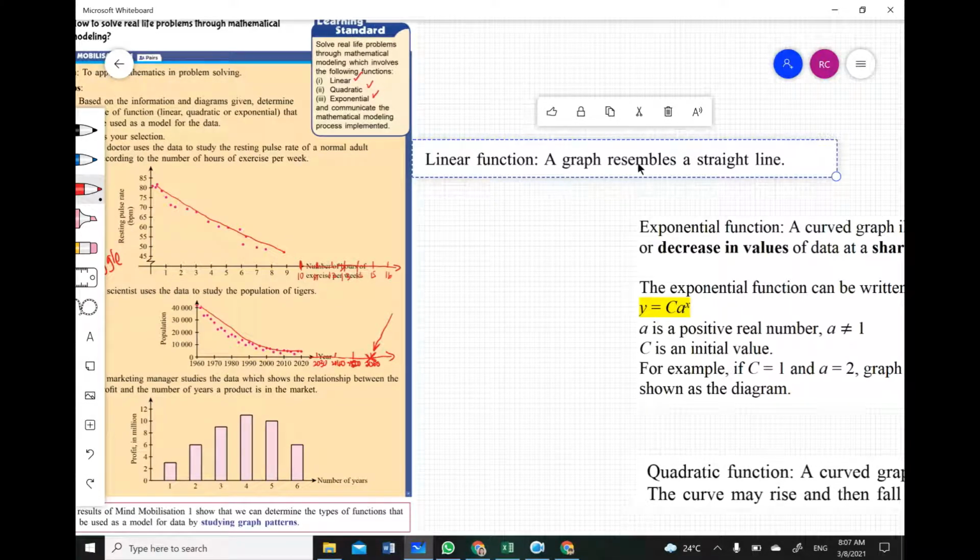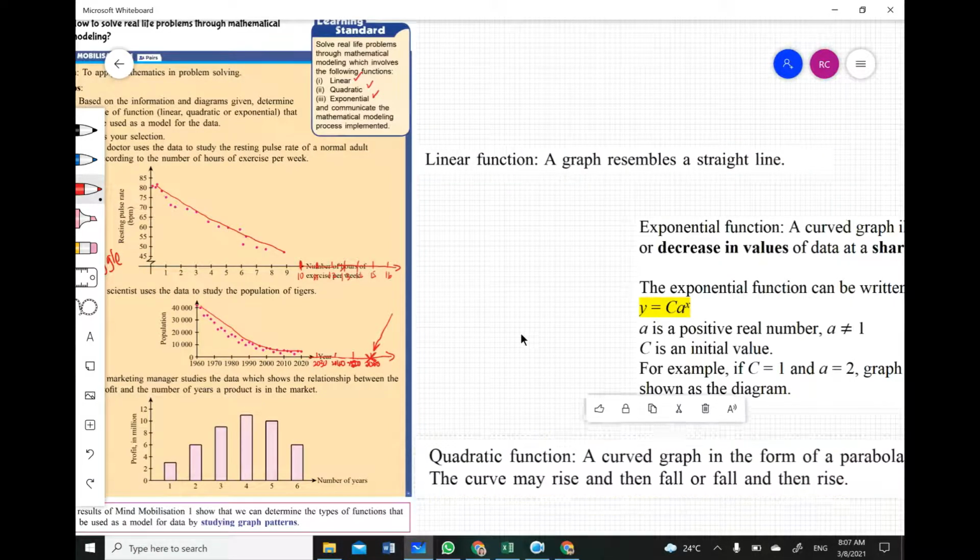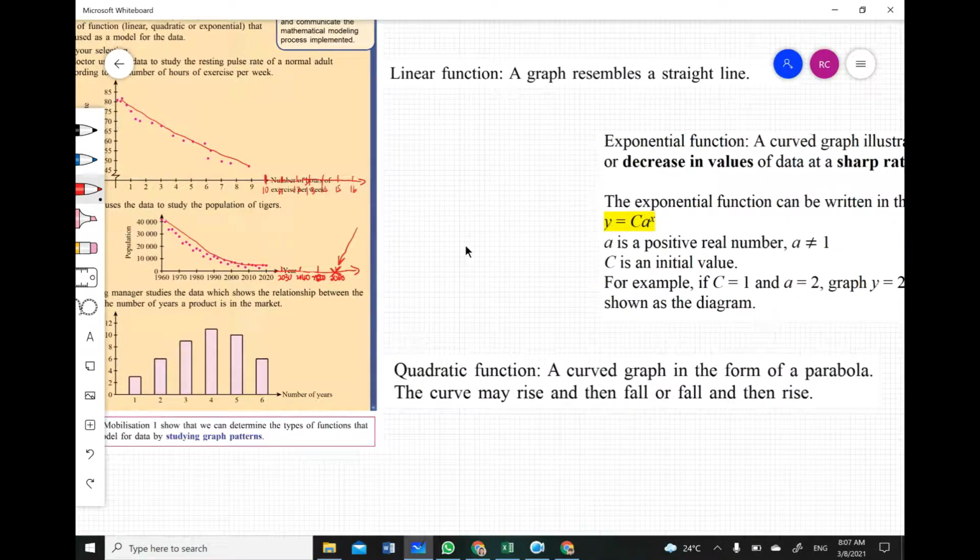It is a graph that resembles a straight line. So this one you already know. After that, the quadratic function, the last one here. Hopefully you can see. Quadratic function is a curved graph in the form of parabola. So the curve may rise and then fall, or fall and then rise. So it can fall first and then rise also. So it's a quadratic function.